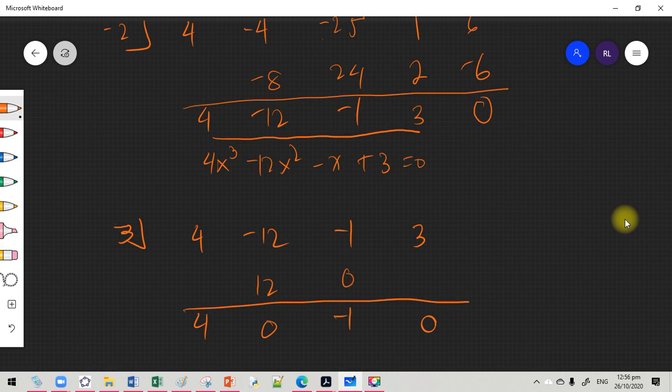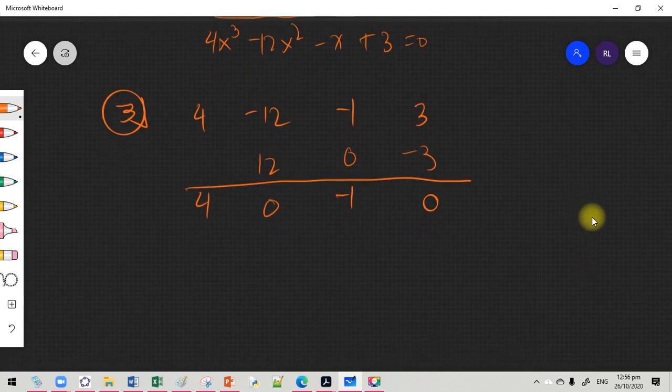Negative 1 times positive 3 is this becomes 0. Therefore, 3 and 2 are our roots. Okay? So the remaining equation becomes 4x squared plus 0x minus 1 equals 0, or we can turn this into 4x squared minus 1 equals 0.